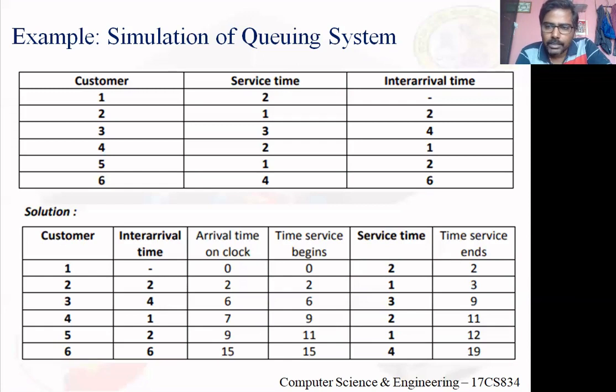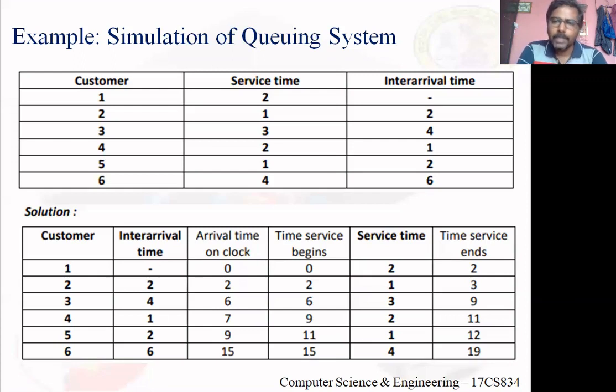Clear with this? Similarly, the last entry in inter-arrival time, that is 6, indicates the time gap between the fifth arrival and the sixth arrival. When did the fifth arrival occur? At time 9. So the sixth arrival will occur 6 minutes later, at time 15.